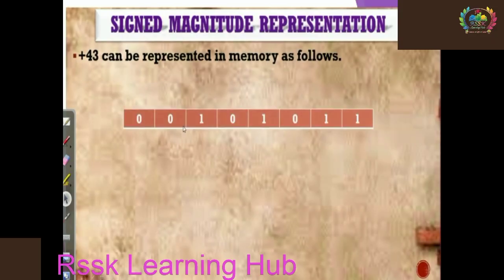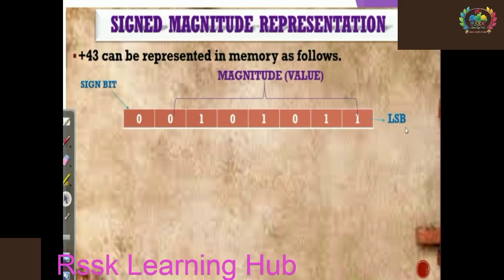Now see this example. This is the magnitude value of plus 43. Based upon the code we used to write, this is your binary representation. 43 divided by 2, like that if you keep dividing, this is the value. I told you it is 8 bits totally.